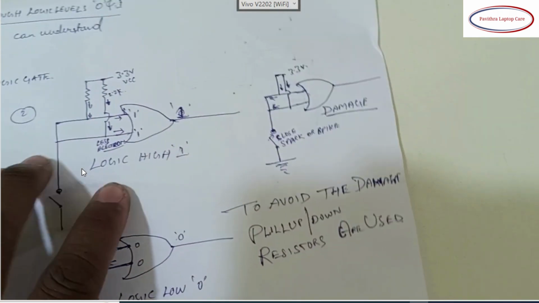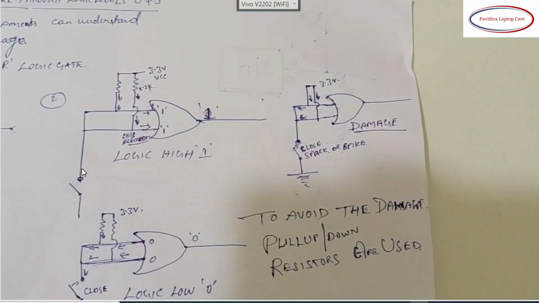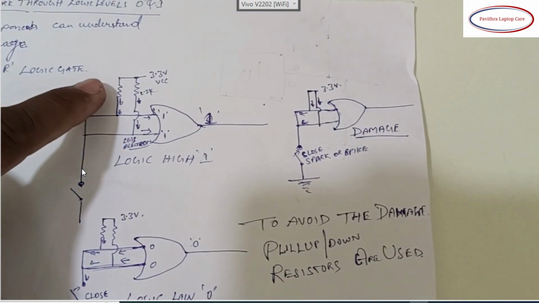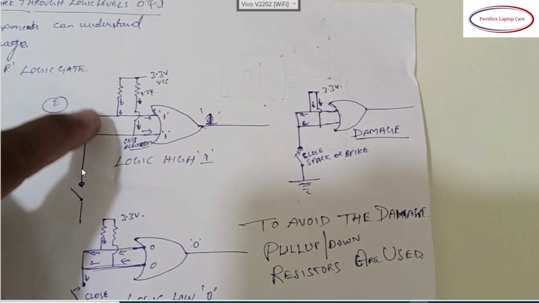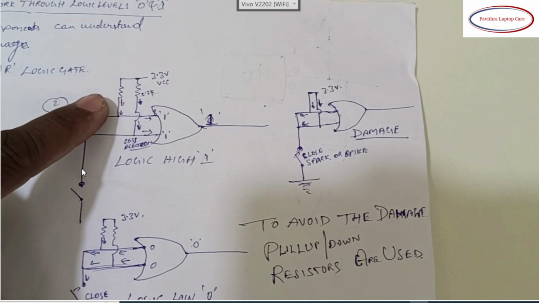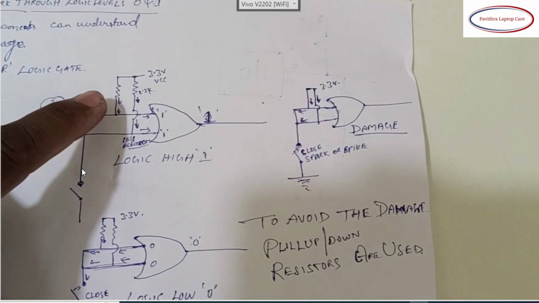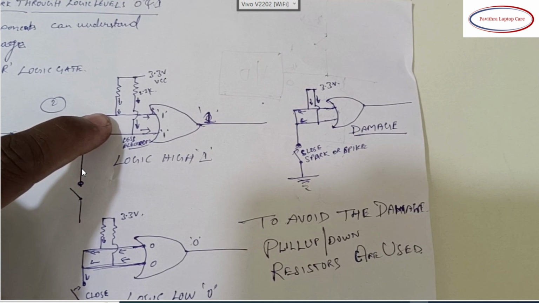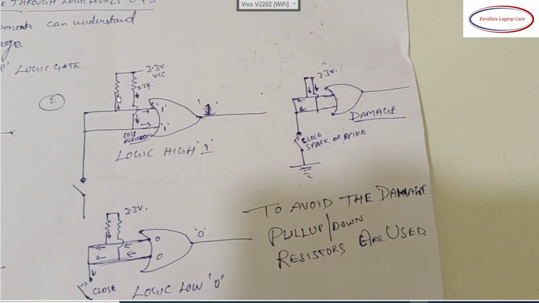Second, in the second image I have written here, see, for these two inputs I have given 3.3 volts through a resistor to each connector. Here there is no connection, it's an open condition.